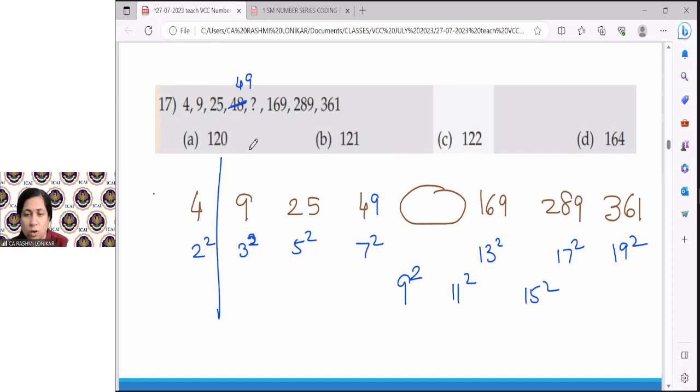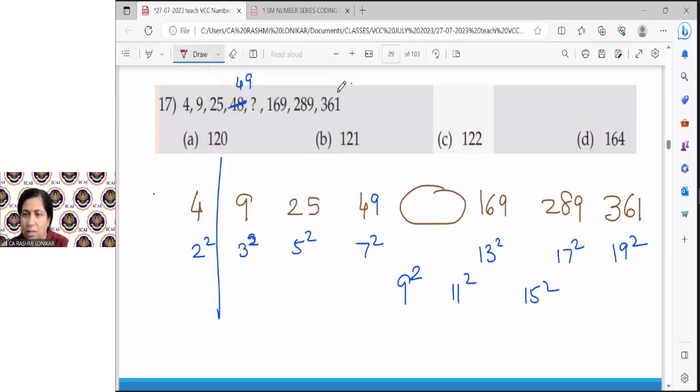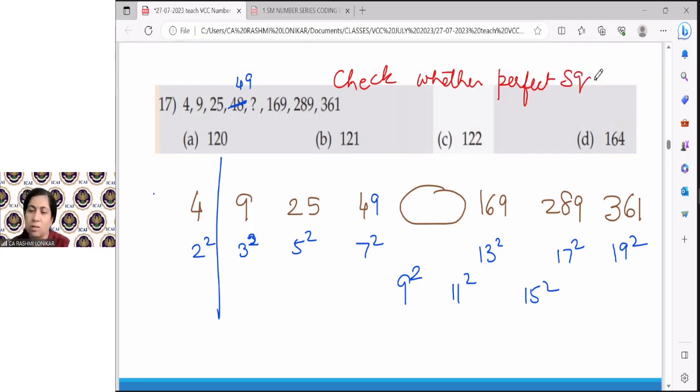Now, out of the options, is 120 a perfect square? Check whether it's a perfect square.